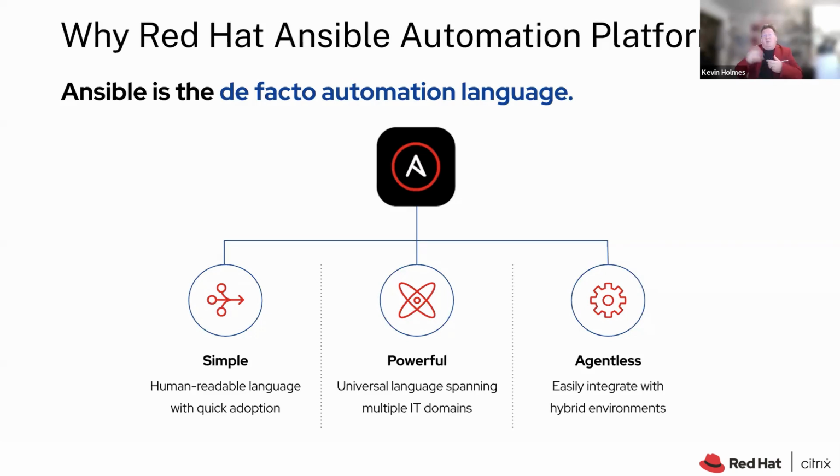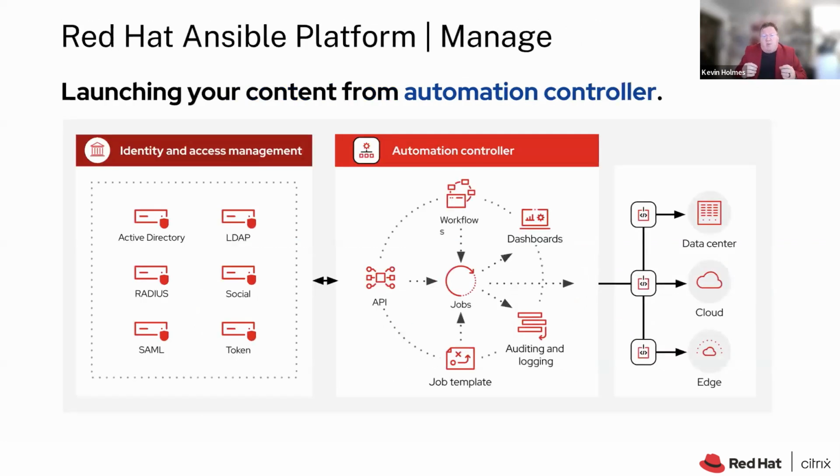So on to the next slide, we talk about a brief overview of all of the aspects here within the access management, the security, the automation controller. This is very much a quick summary of all the components that go into the Ansible Automation Platform.